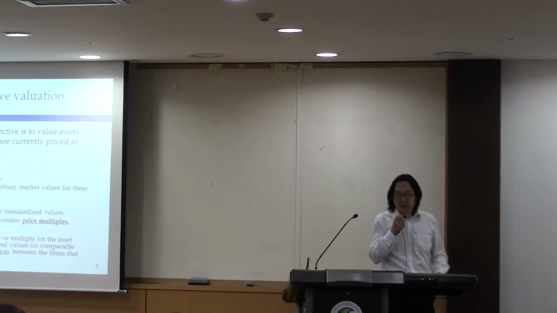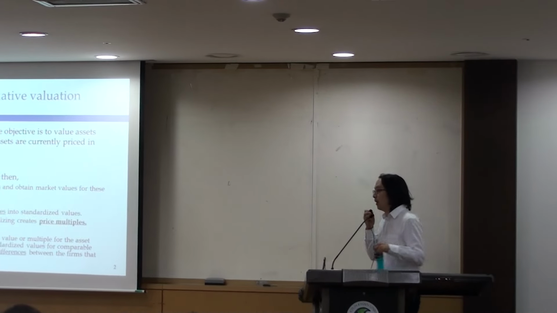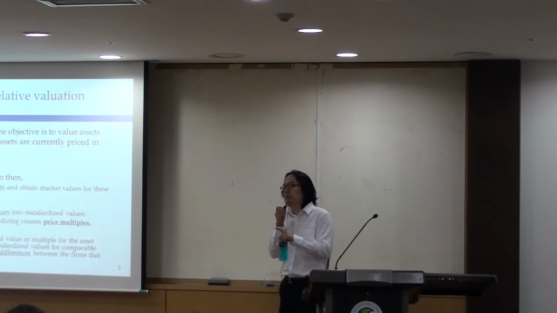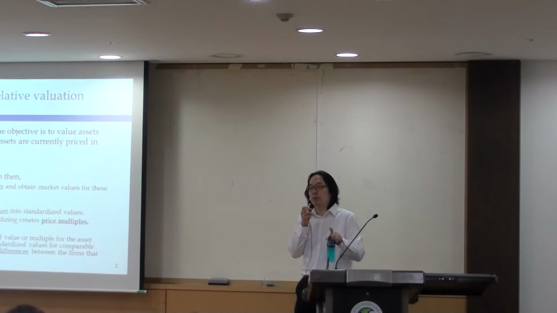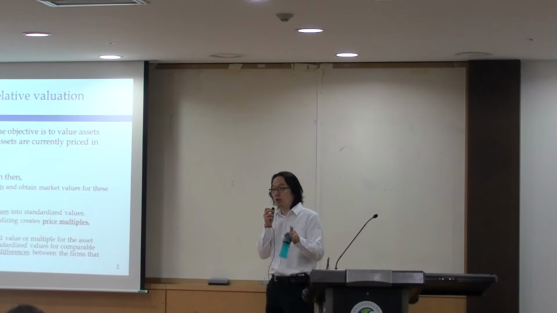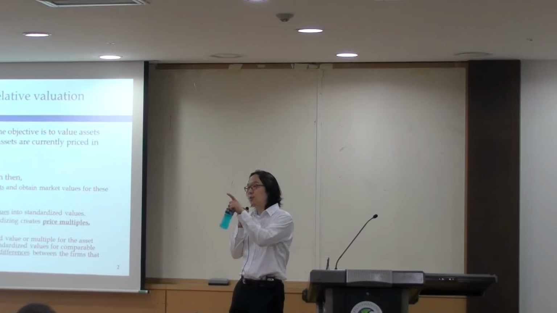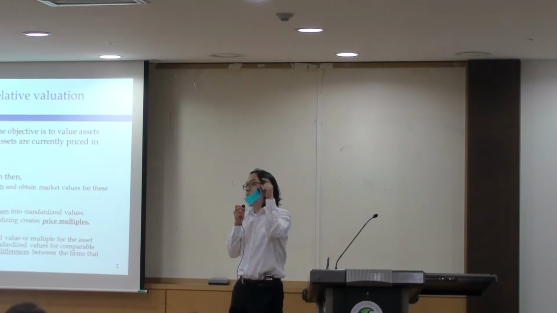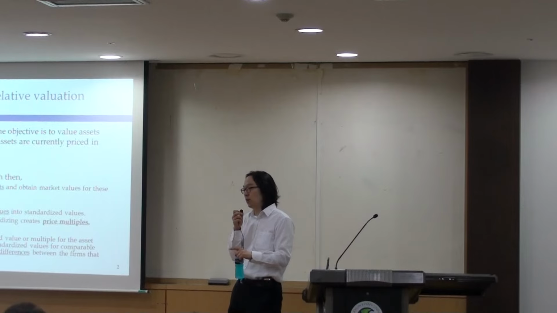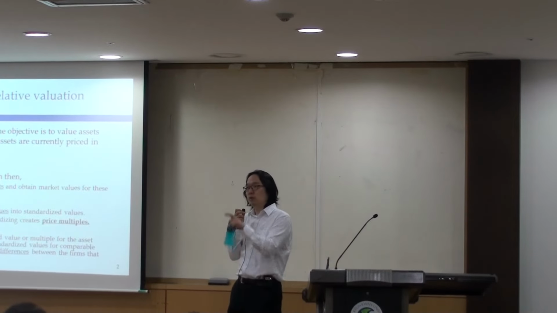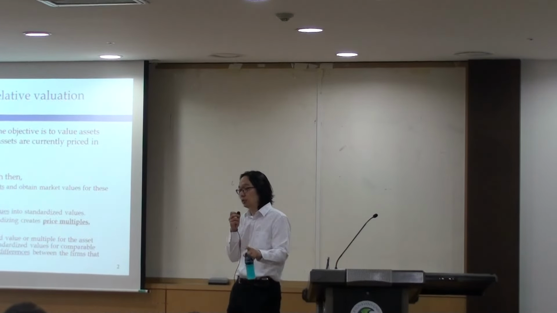So how can we standardize it? Divide your price by some common fundamental numbers. For example, earnings per share. Okay, earnings per share, that's also per share basis. So price per share is per share basis, divided by per share basis. So the number of shares, the division cancels each other out.